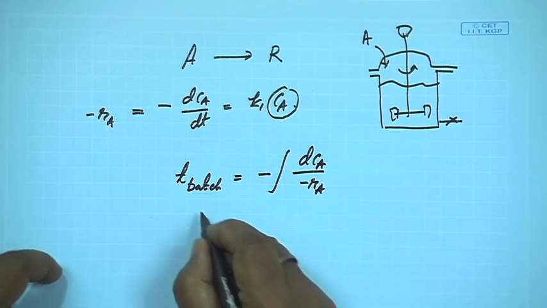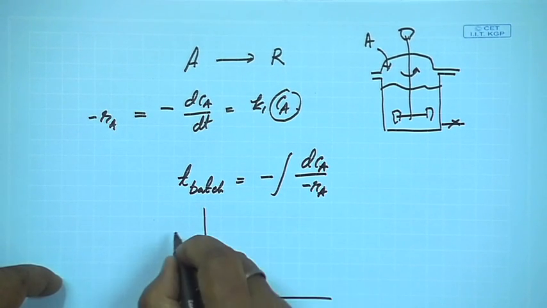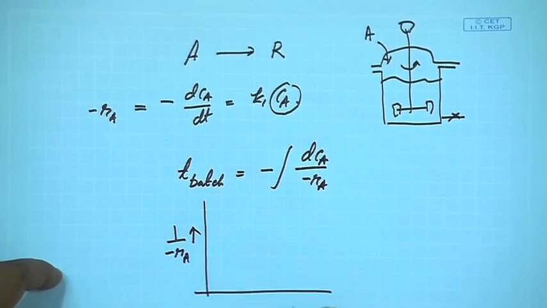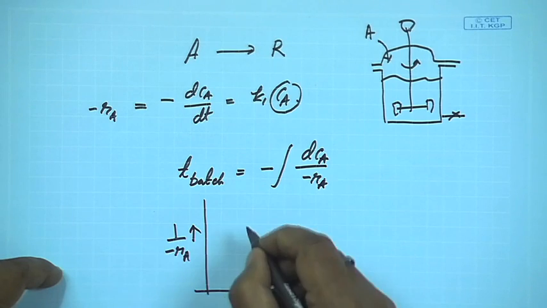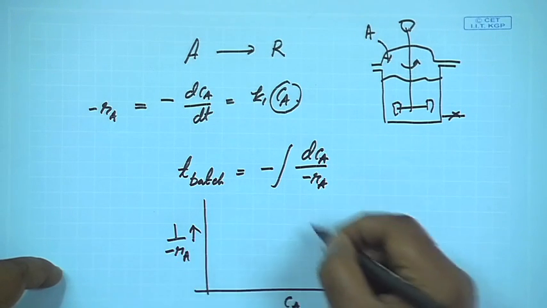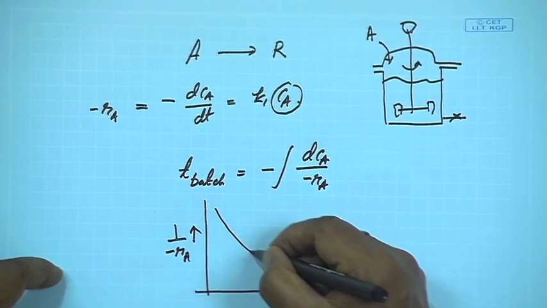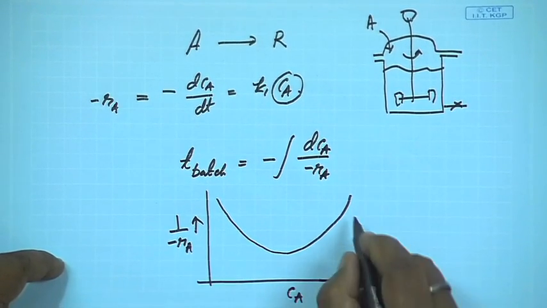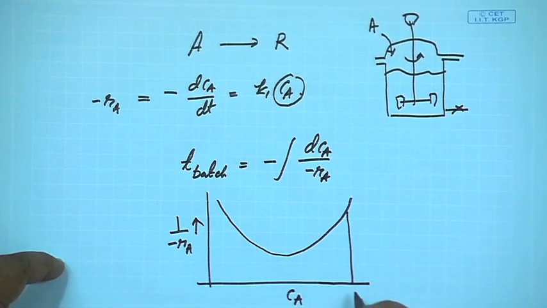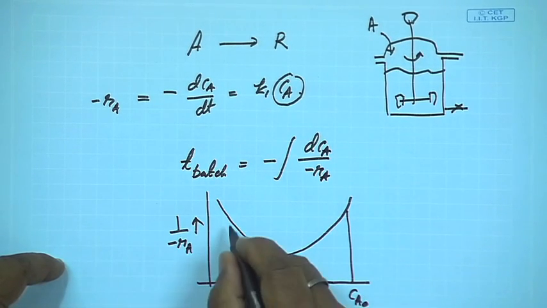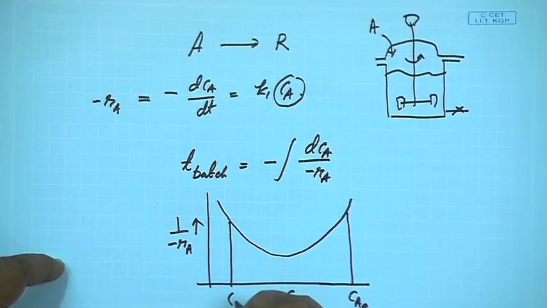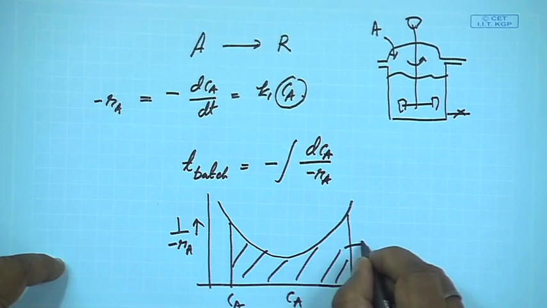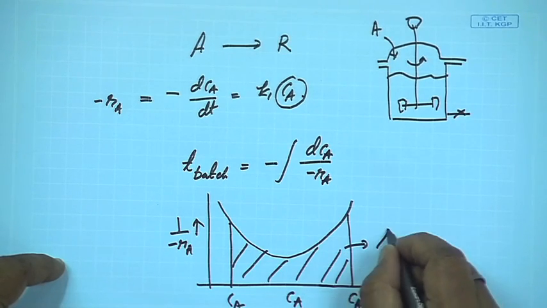Now, if you plot 1 by minus Ra against Ca, in this problem it might look like this. If you take Ca0 here and then this is Ca, the area under this curve gives you the T batch.